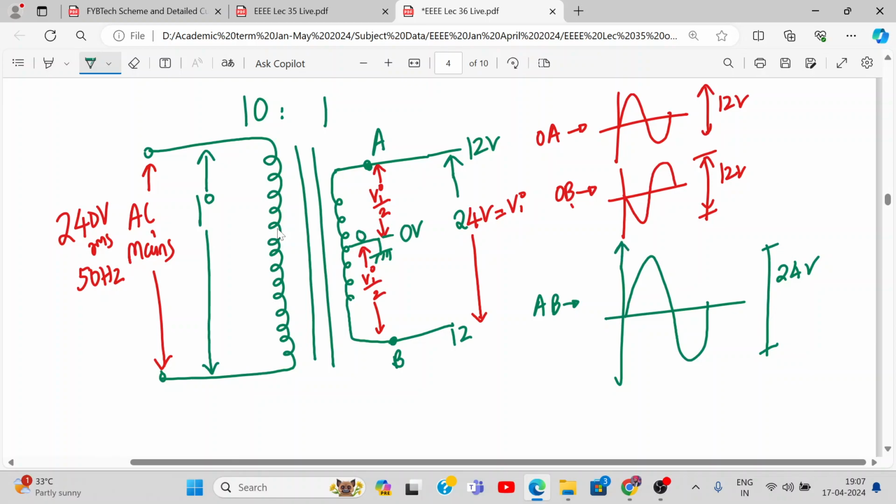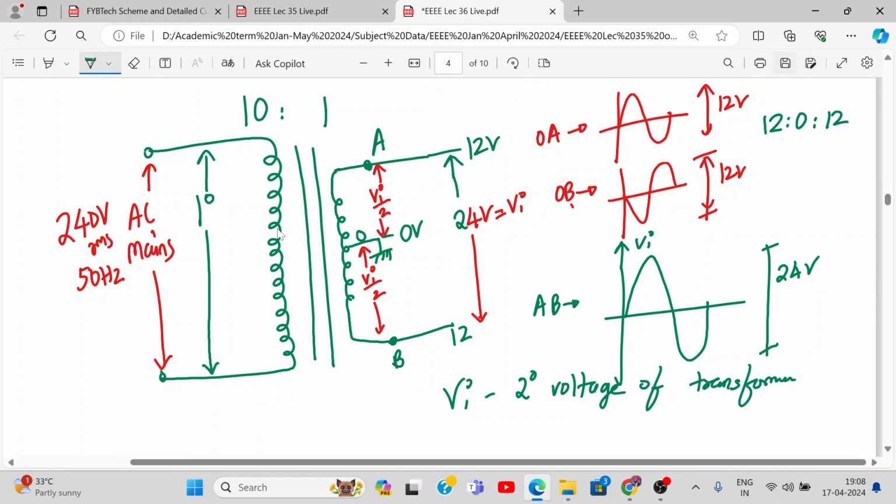Understood this? So this 24, which is your Vi, gets split into OA and OB, 12, 0, 12. From 12 to 0 it's positive, from 0 to 12 is negative. And this Vi is your secondary voltage of the transformer.